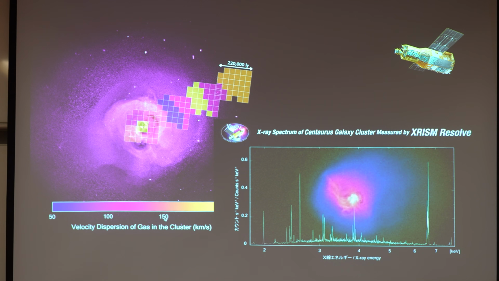And what we found is that the velocity dispersion is actually higher in the center because of some feedback going on, making the gas move very fast and creating all this extra velocity dispersion. And the velocity dispersion is also very high in the outskirts because of some merging event or activity in the outskirts that is creating all this movement of the gas.